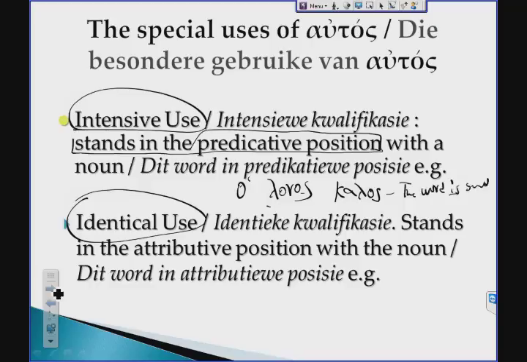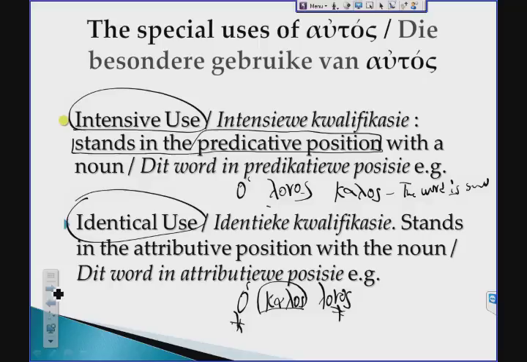But then let's have a second example. Ho kalos logos. I'm still using the same word, but now the adjective is standing in between the article and the noun.